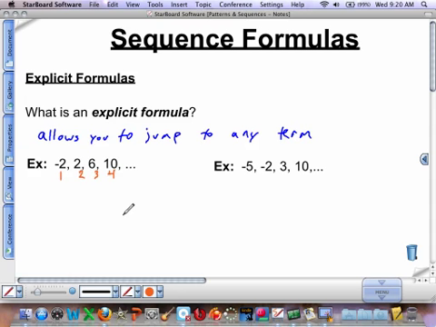You're increasing by 4 every time. What number are we starting at? -2. Starting at -2. Increasing by 4, right?